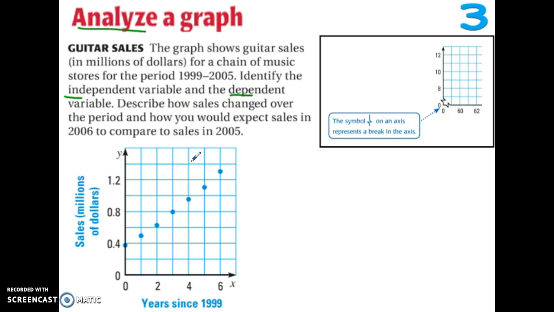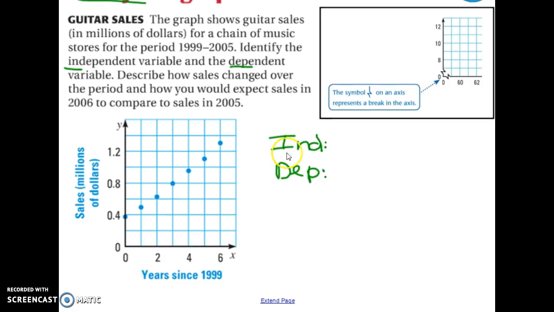I'm going to do that right now. So our independent variable is what we would plug into our equation. Our dependent variable is what we would get out. Remember, these are looking for words. Later, if we have to describe our domain and range, that would be actual numbers.